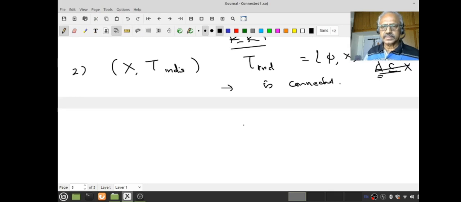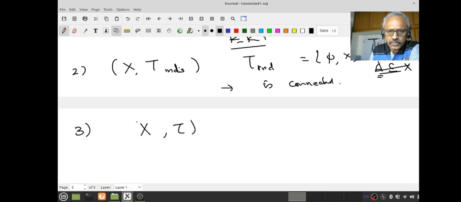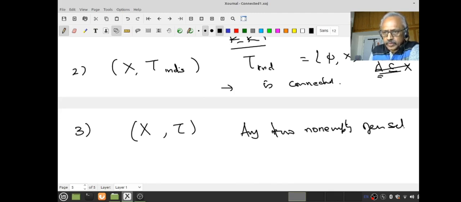Next, third, let's make an observation. Suppose I have a set X and a topology tau. Let us assume it has the following property: any two non-empty open sets intersect.